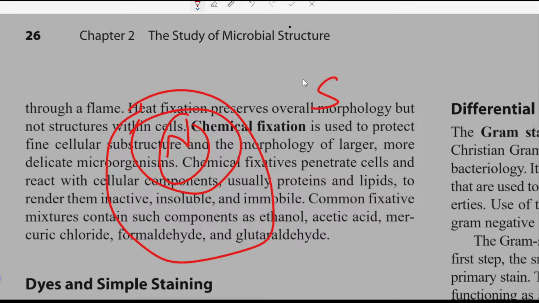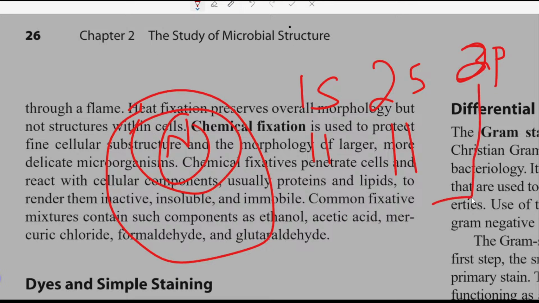So 1s has 2 electrons, 2s has 2 electrons, and 2p has px, py, and pz, and each of them has 1 electron.